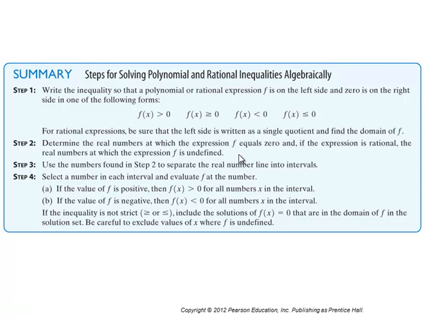Move everything over to the left-hand side of the inequality so that you have 0 on the right, and simplify the expression on the left, and then find out where your zeros and your asymptotes are, and plot those on a real number line, and evaluate your function at convenient test points in the intervals in between, and then select the intervals which will satisfy the inequality. Okay, so that's it for solving inequalities involving polynomials and rational functions.